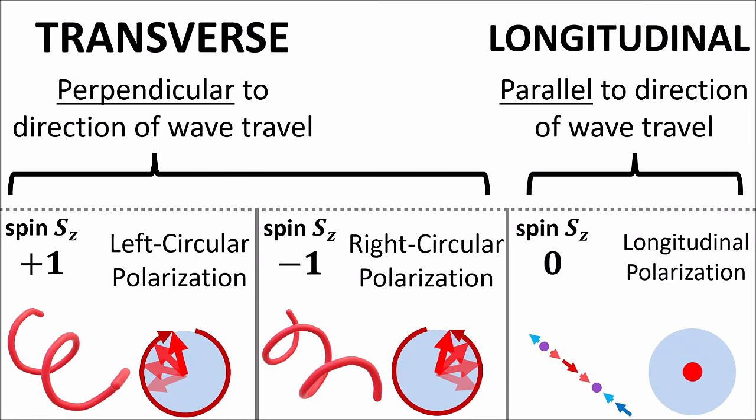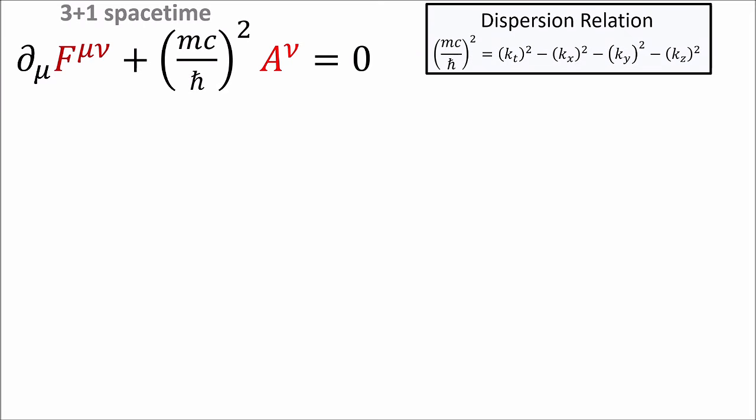Okay, so we understand that with the Proca equation, if we choose a wave vector k, we get three basic solutions. But an important observation is that the Proca equation is linear, just like the Klein-Gordon equation. So the sum of any two Proca solutions gives us another Proca solution. So to get the most general solution to the Proca equation, we do the following.